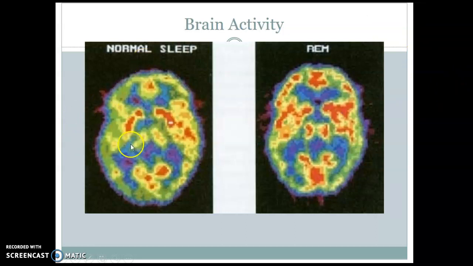Here's where we look at the difference between a normal sleep brain. Notice it's not as active. Notice the hippocampus is still active. So we're always processing memories through our sleep stages. Here's your REM sleep. So notice the burst of activity. Notice his visual cortex, occipital lobe's lit up, so he's probably seeing something.